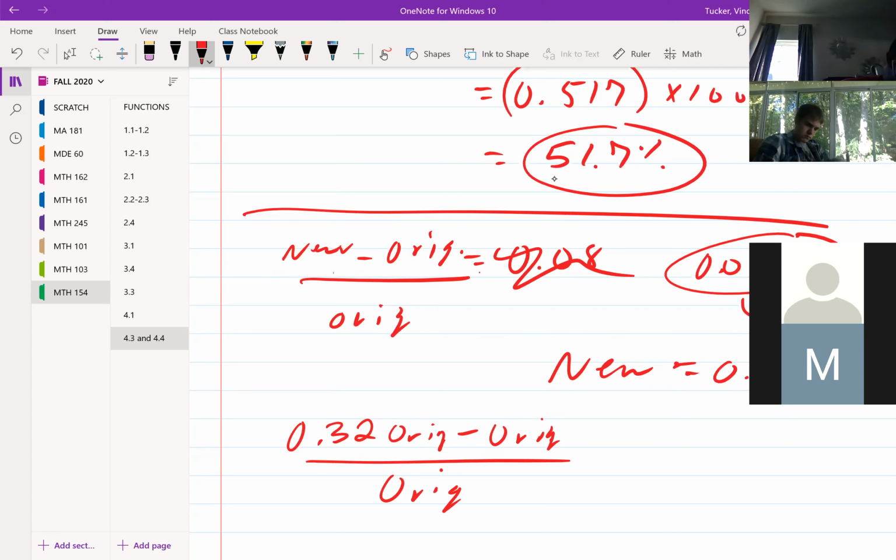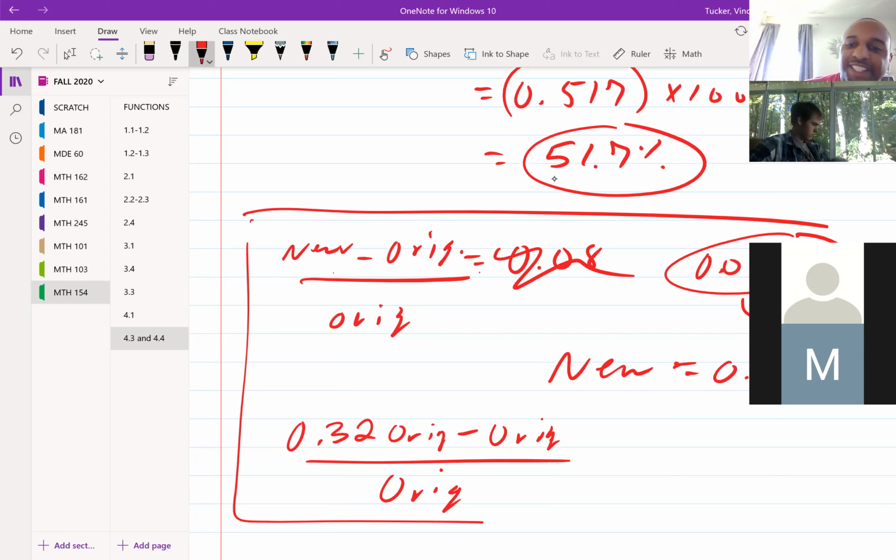So 0.32 minus 1. Okay, I'm gonna play with it because I think I have it, but I want to make sure. It's a little tricky, but I think I'm on the right track.